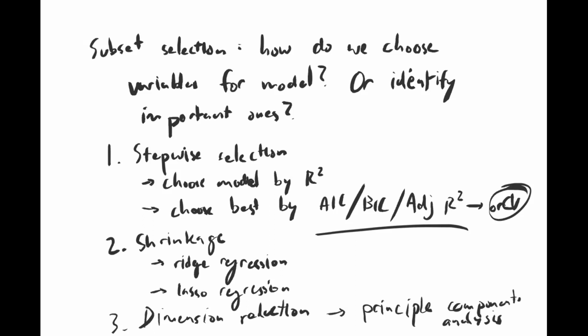Whether or not a stepwise selection is necessarily better or worse than shrinkage, I would say it's more on a case-by-case basis. I will say that the choice in which you pick a model is often informed by your knowledge and comfort with specific techniques. I'm talking about in practice, right?